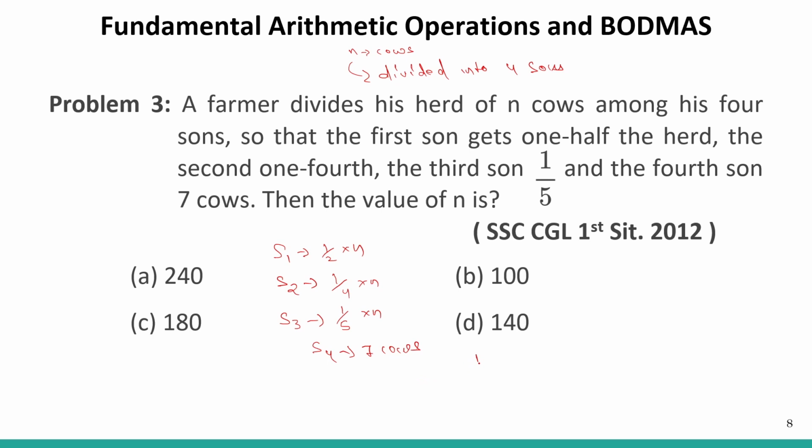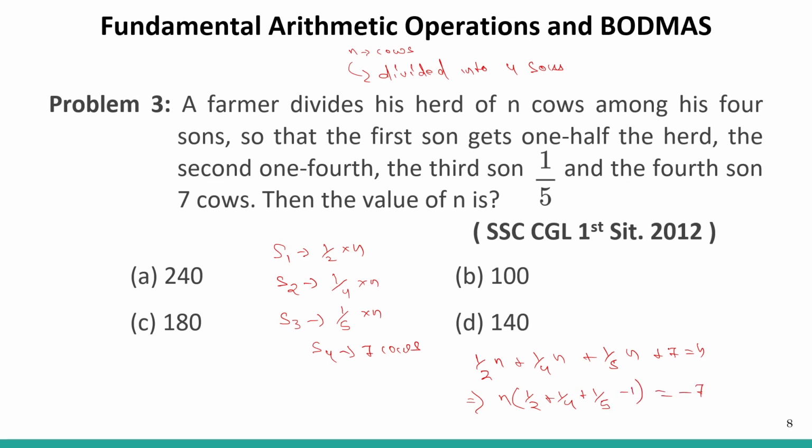So 1 by 2 n plus 1 by 4 n plus 1 by 5 n plus 7 is equal to n. We can bring the n on the right hand side to the left hand side and take it common. So n into (1 by 2 plus 1 by 4 plus 1 by 5 minus 1) is equal to minus 7.